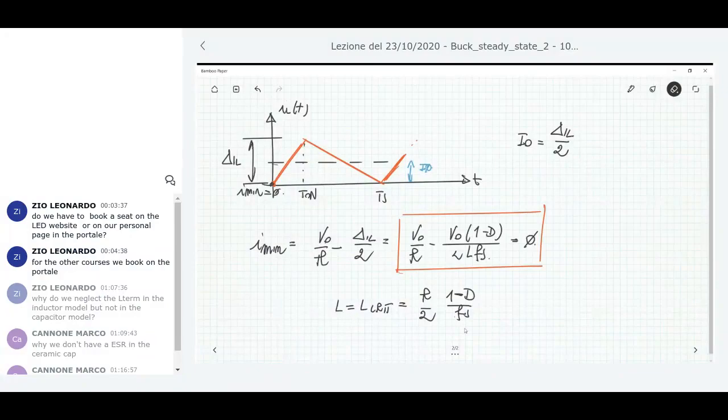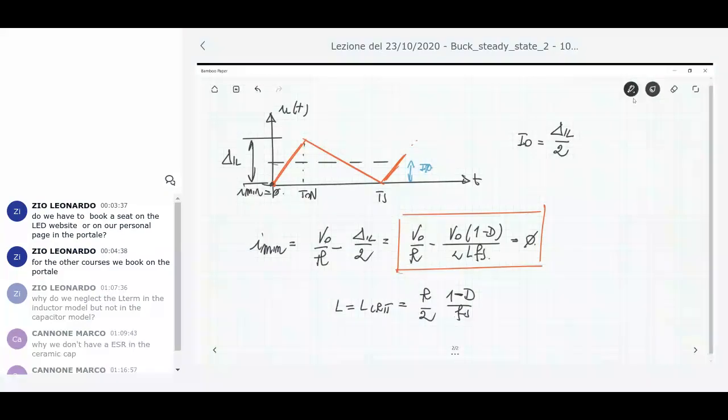This inductance, defined by this equation, leads to the graph that I show here.